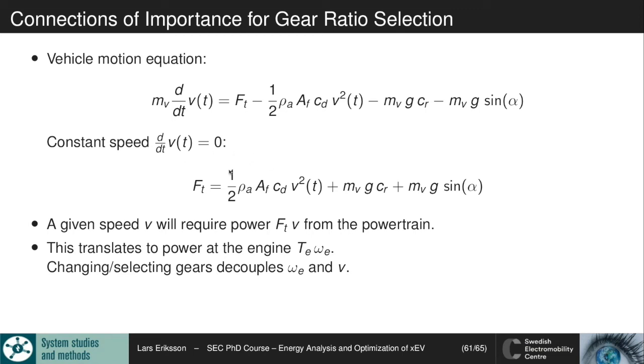And then we say that we're running at constant speed for these cases, and then we can use the vehicle motion equation to calculate the tractive force requirement from the vehicle body. And a given speed will require a certain power from the powertrain.